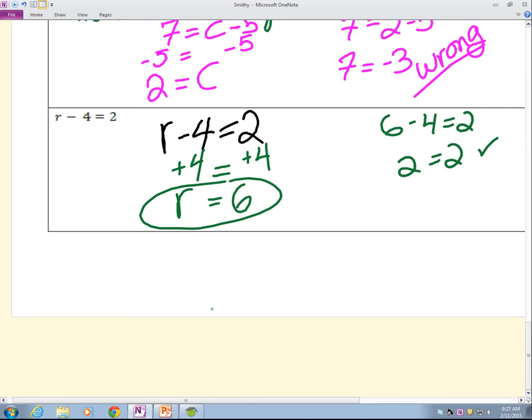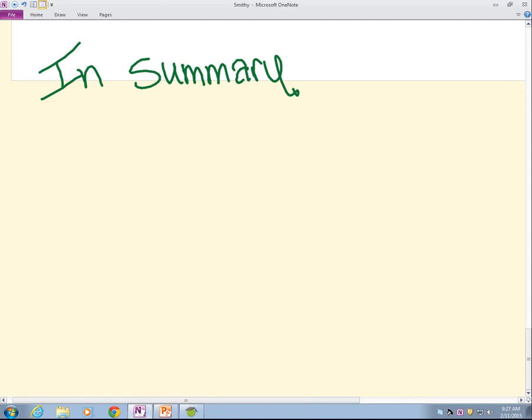Good. So if I were to summarize, in summary, what's the major concept of this section? What's a major concept? Someone put it into your own words using English. Yeah. Okay, inverse operations.